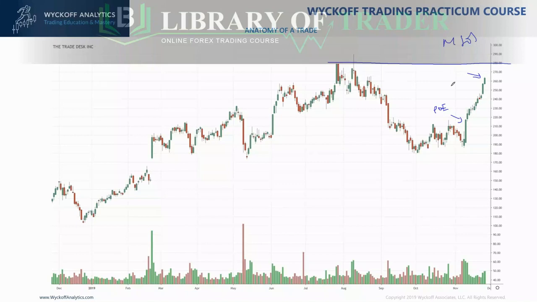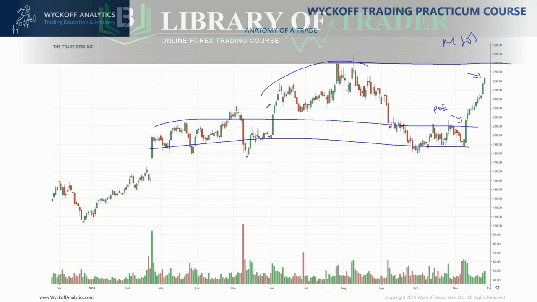If our conviction is very strong that this is a potential reaccumulation, we're probably looking at this whole range right here. By the way, look at phase B. This is so great. This is phase B showing a lot of strength.